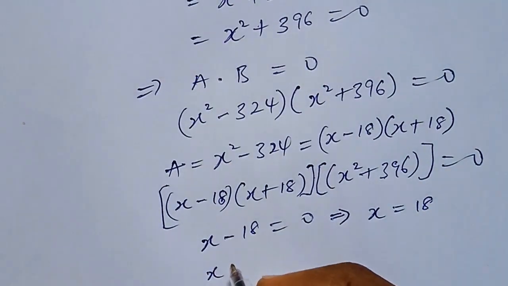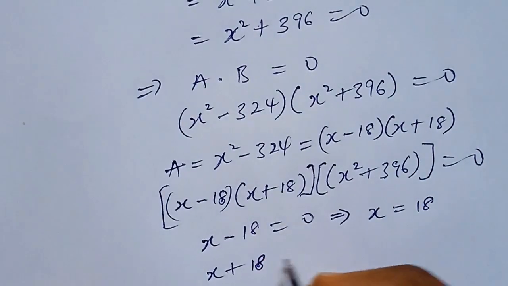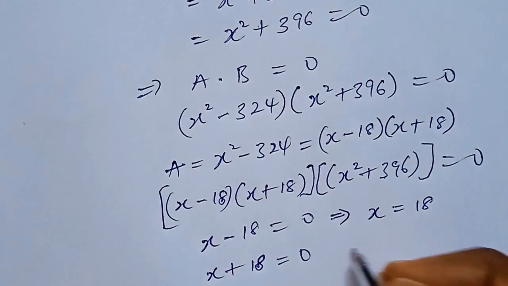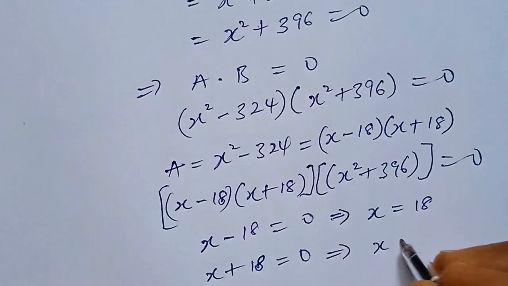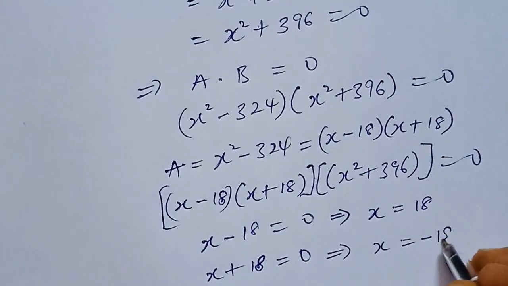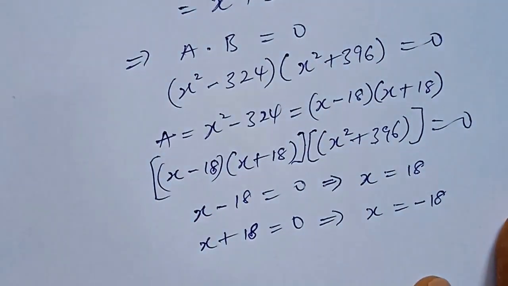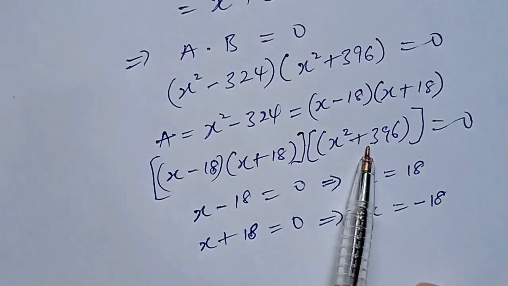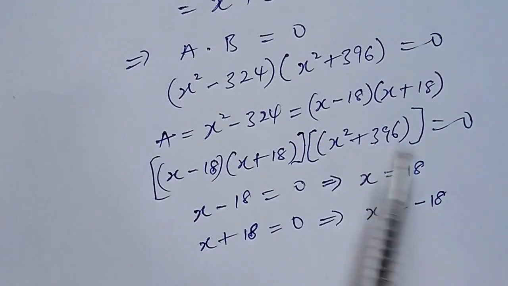When we have x plus 18 equals 0, this implies that x will be equal to minus 18. That's another value of x.